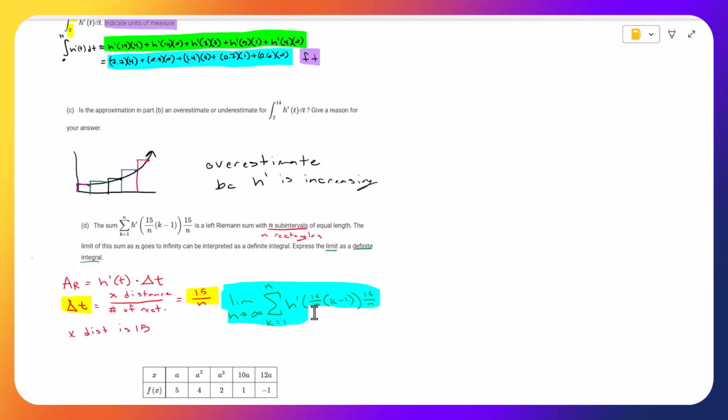Now our final point is expressing this as a definite integral. Remember when I said our x distance is 15? We're going from 0 to 15.